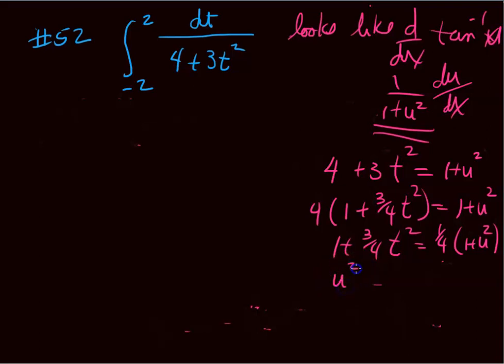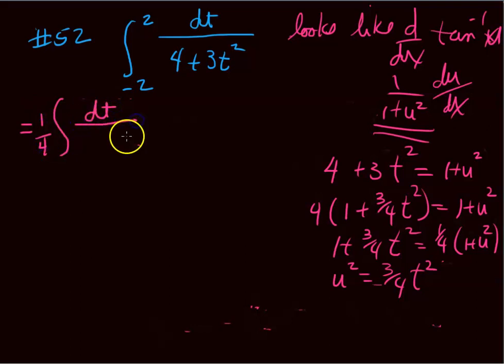Then u squared is equal to 3/4 t squared. And this is also being a little confusing because of that 1/4. I guess when you put it up here, you should say, okay, first of all, I'm going to take out a 1/4.